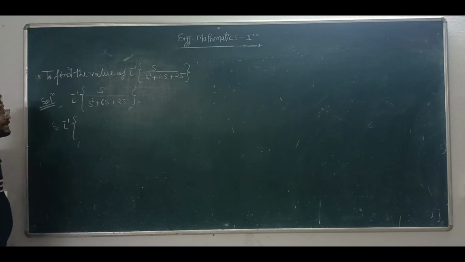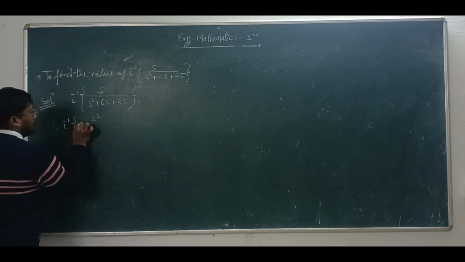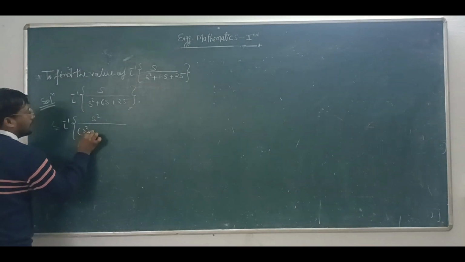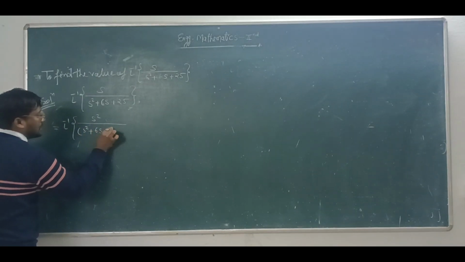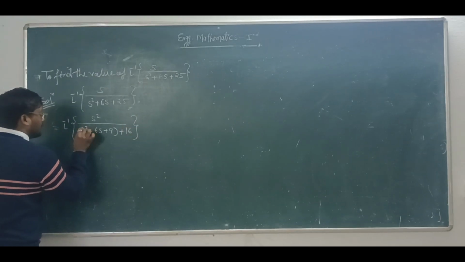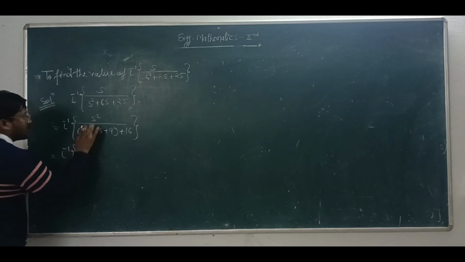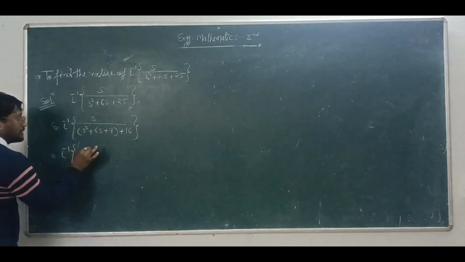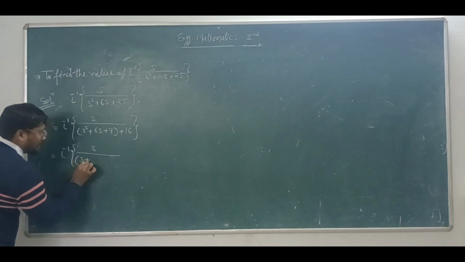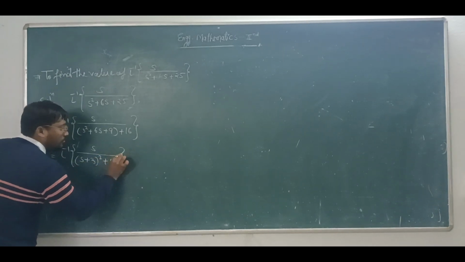To solve the quadratic, you write s square plus 6s plus 9 plus 16. This means L inverse of s upon ((s plus 3) to the power 2 plus 4 to the power 2).